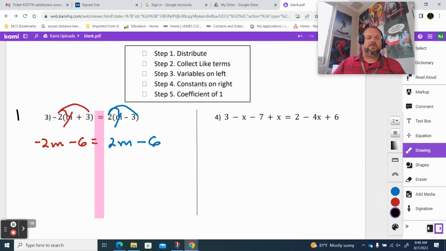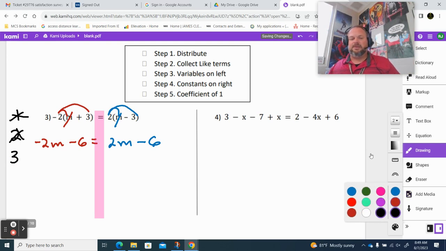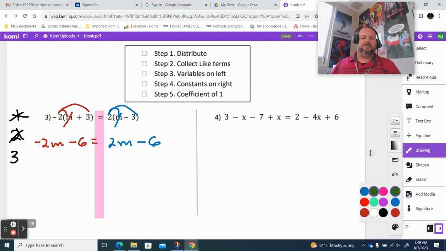Step 1 done. Now, collect like terms. Step 2, there are already different terms on each side. We're good to go. Step 3, variables on the left. I need to move this 2m over here with this 2m. So I subtract.